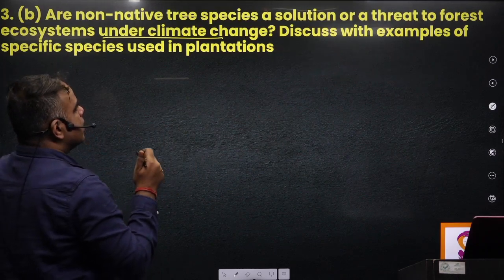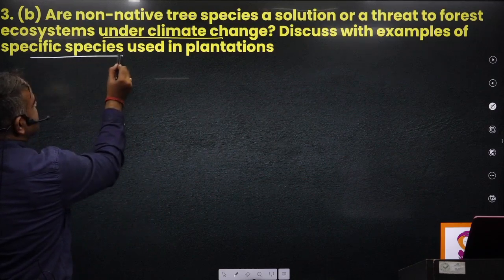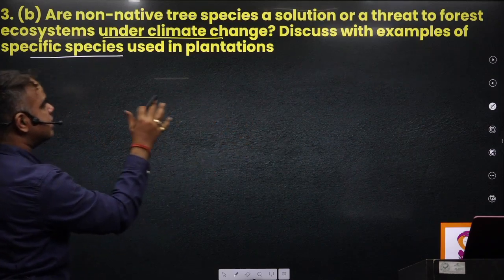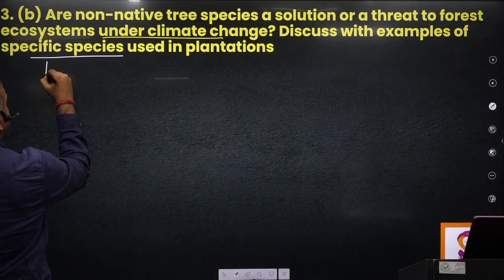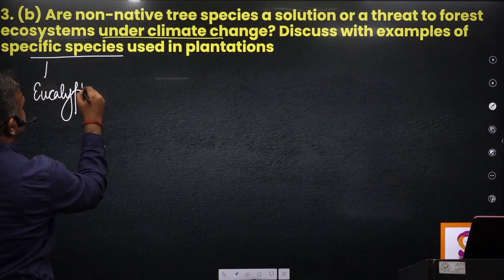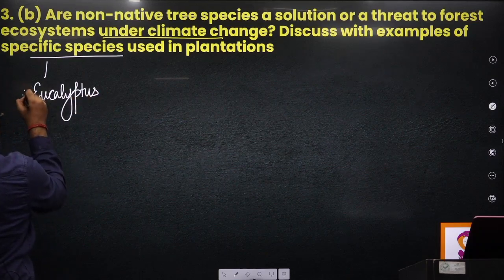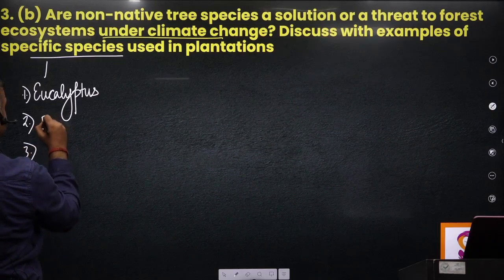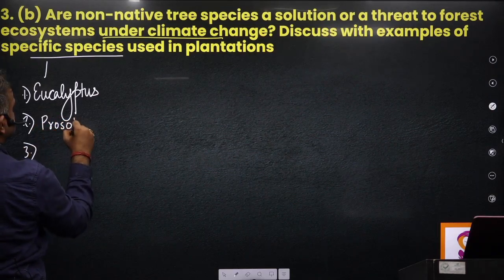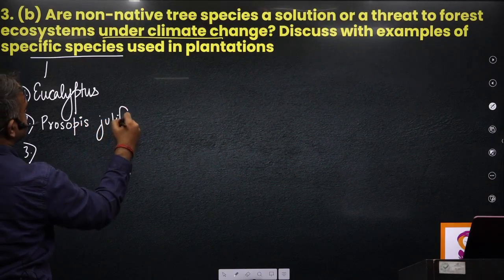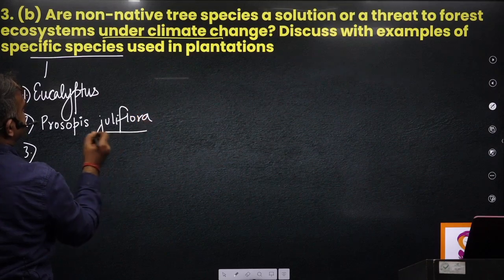Okay, and here whenever, now what examples can you brainstorm right now? Try to link those in the answer. For example, we can think about eucalyptus, you can talk about Prosopis juliflora.